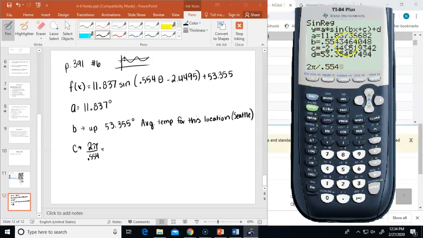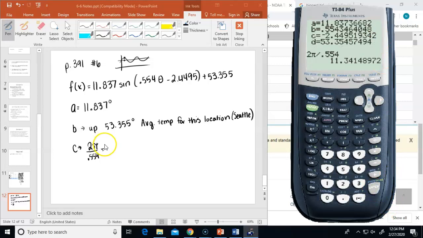If we really wanted to be most accurate, we could use that whole decimal right there. This is going to be good enough for us, I think. So we get 11.341. Is that months or degrees? Okay, that is months because we're talking now about the distance from low point to low point. That's a horizontal distance, so that's measured by the x-axis. So this is months.